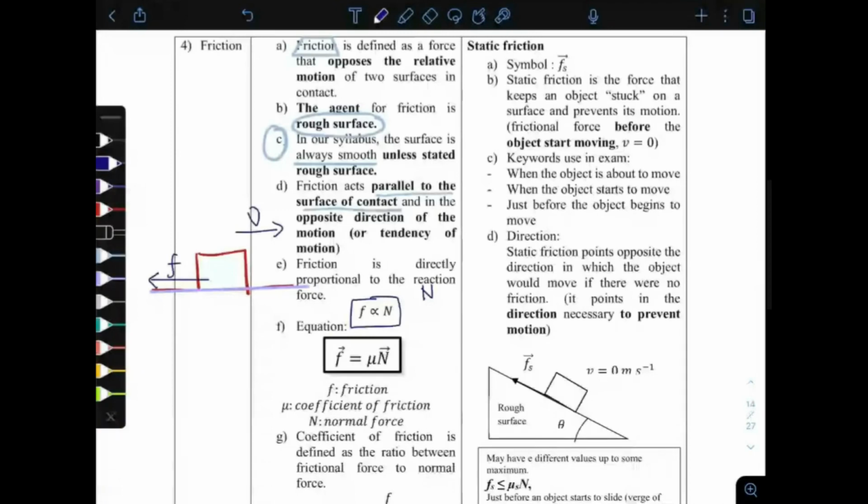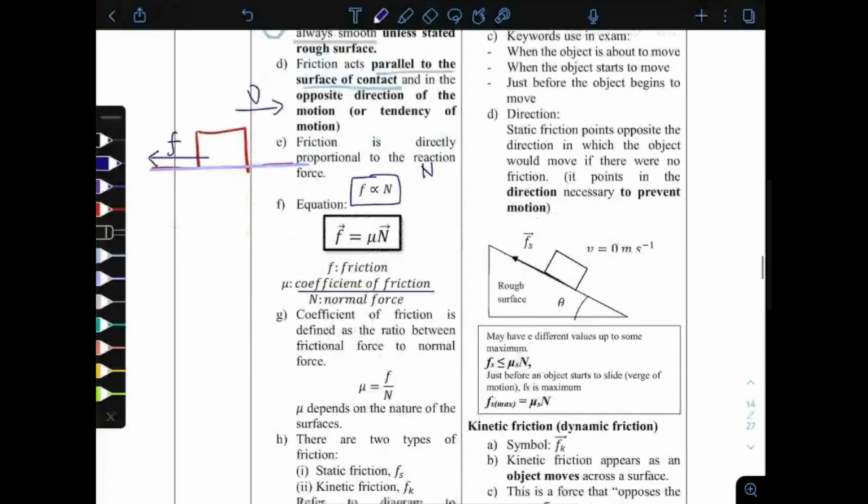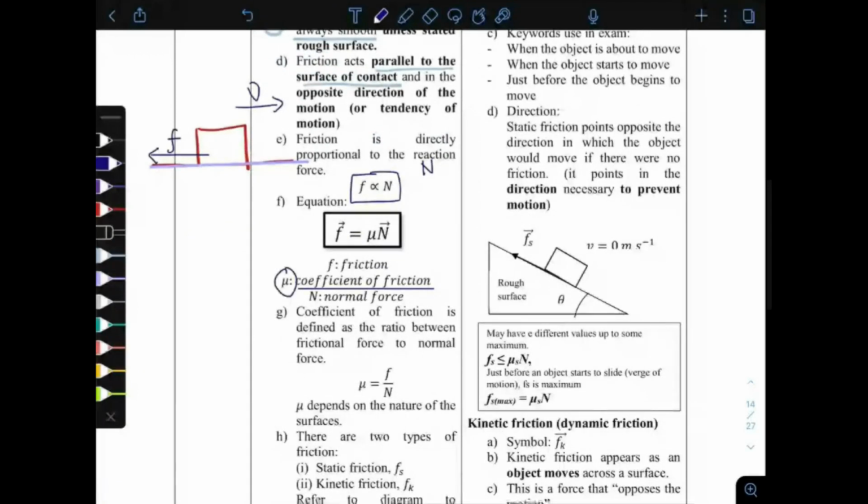However, it also has coefficient of friction that is going to affect the value of friction. Coefficient of friction ini bergantung kepada jenis permukaan kamu. Okay, your coefficient of friction, kita guna simbol mu, depends on the nature of the surface.